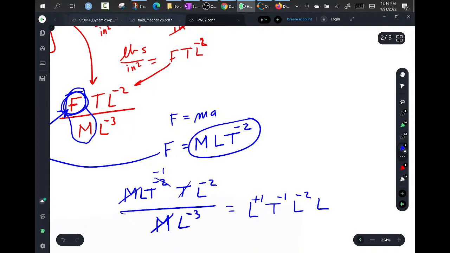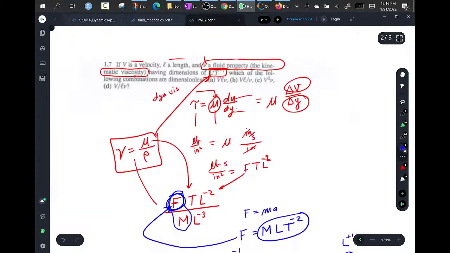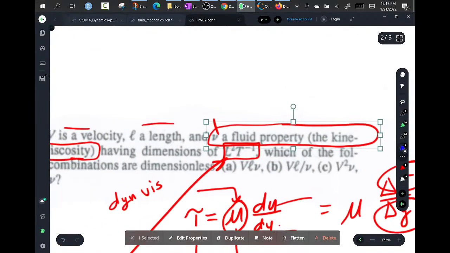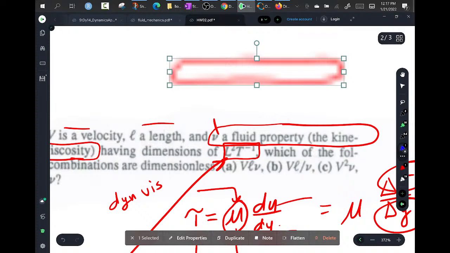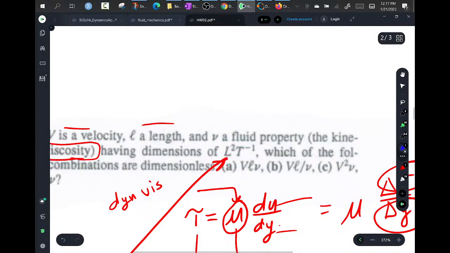If it's minus 3, move it to the top, it becomes plus 3. Okay, so what do I see? I see that I have a length in this one. This will knock it out, so I'll get an L to the plus 1, and so I'll get L squared T to the minus 1. Is that what he had? Okay, whoa, that's weird. So yes, that's what he had. L squared T to the minus 1.